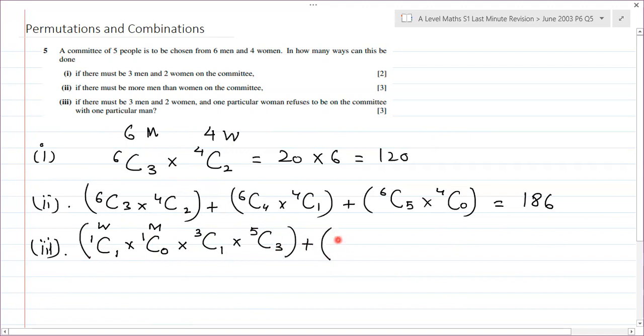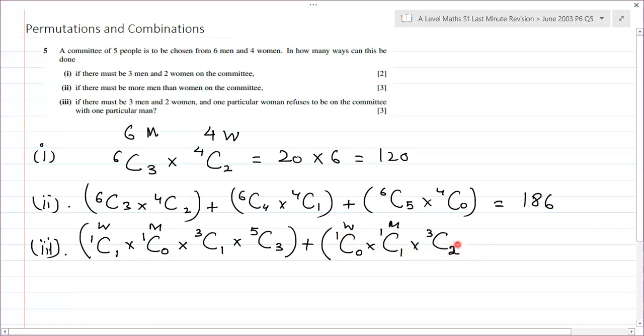Plus the other one is that one particular woman is not selected, and that particular man is selected, because we are not selecting the woman. So we can have this as 3C2 now, 3C2 because we haven't selected that woman.